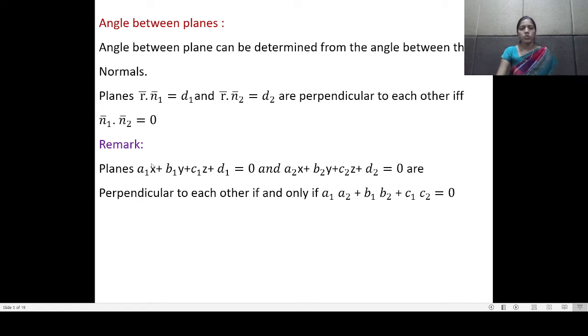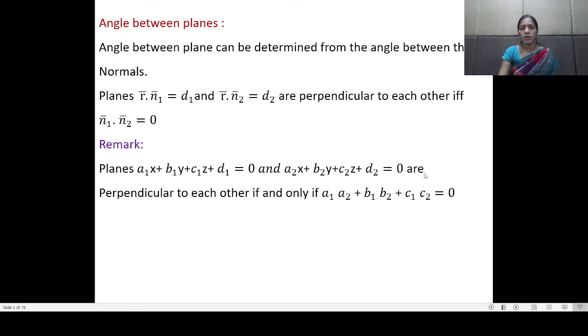Here we are given the two planes in Cartesian form. The first plane is a1x plus b1y plus c1z plus d1 is equal to 0, and the second plane is a2x plus b2y plus c2z plus d2 is equal to 0.